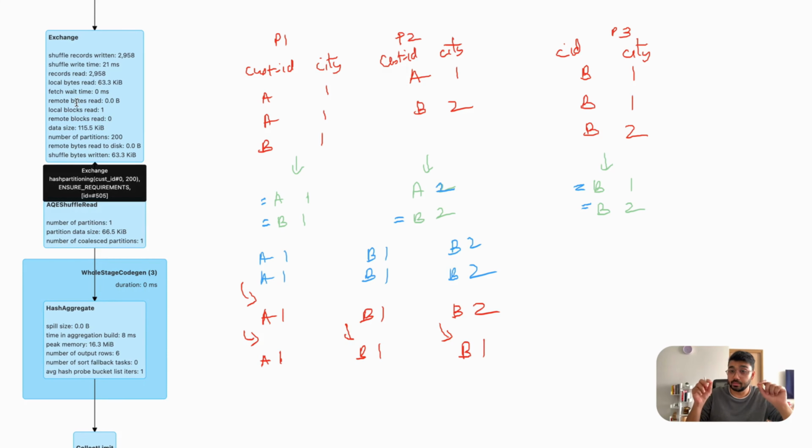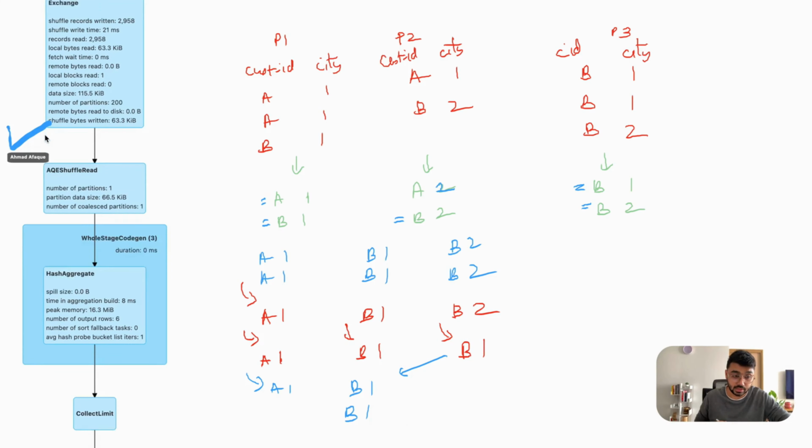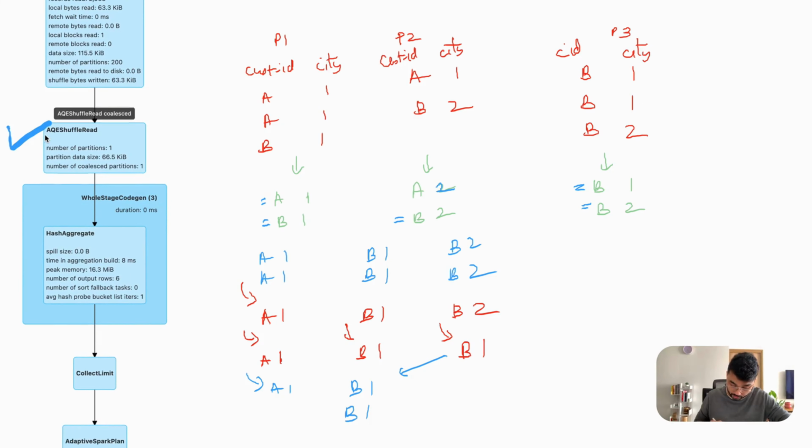When the exchange happens, the same keys go to the same partition. So what you're going to see is this: A1 is going to stay over here, B1 is going to come over here, this B is also going to come over here, right? Now this basically shows that this exchange step is done. Now once that is done, we simply come to the final hash aggregate step, right?